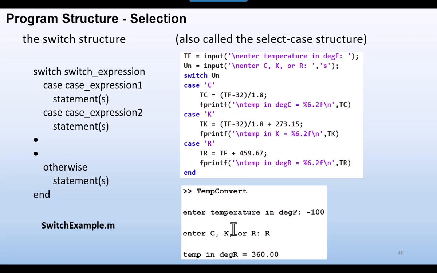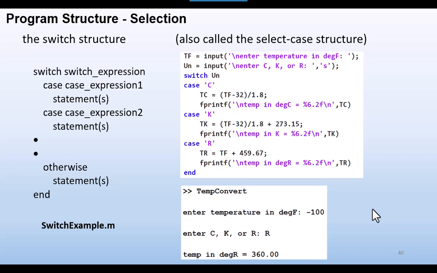And in each case, I'm showing the general format for the statement and then showing a specific example, which is the one that we illustrated, and showing a couple of conversions. One in this case, -100 degrees, is 360 Rankine. All right. So that's what we have, and you've got the code there for that.